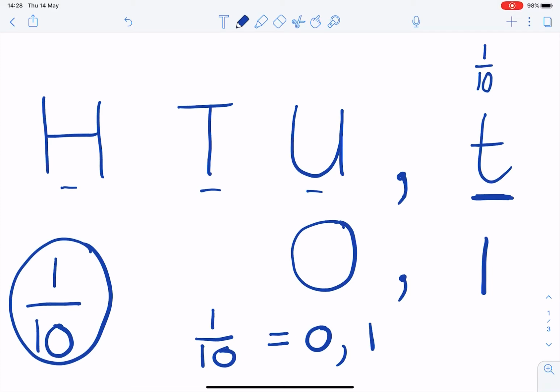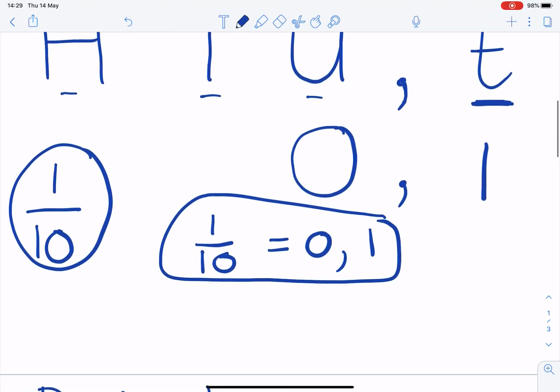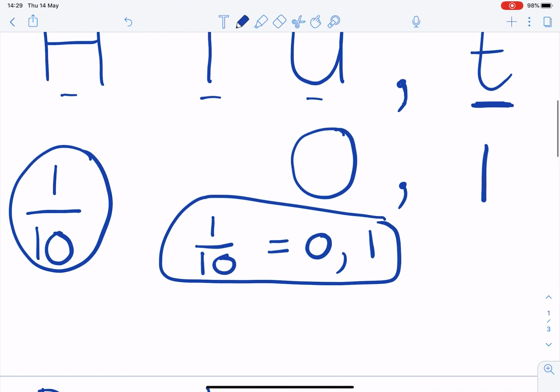So in exercise 74A, you are going to be asked to do exactly this. You're going to be asked to write the coloured in section as a fraction and then as a decimal fraction. You're then going to be asked to write it in words, and 1/10 is written as 1/10.